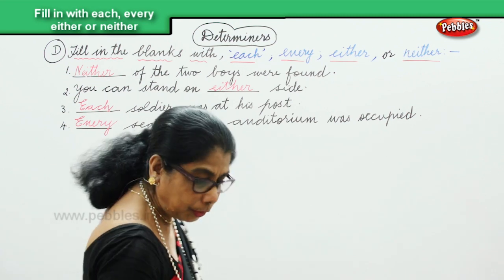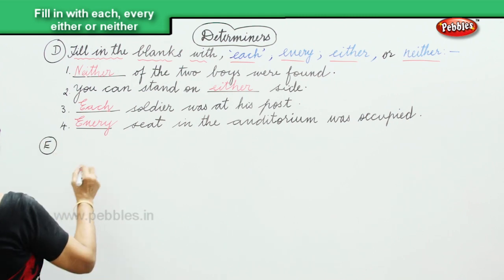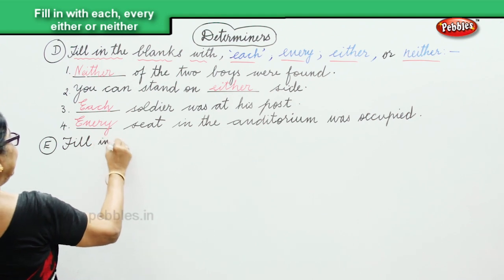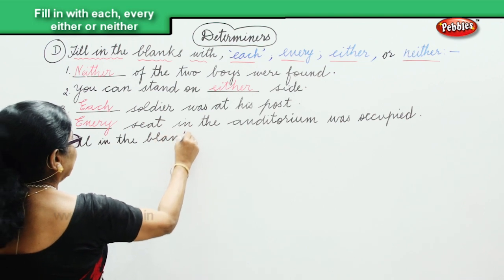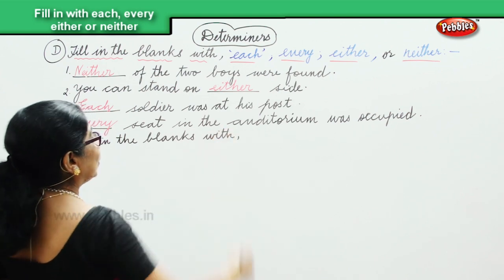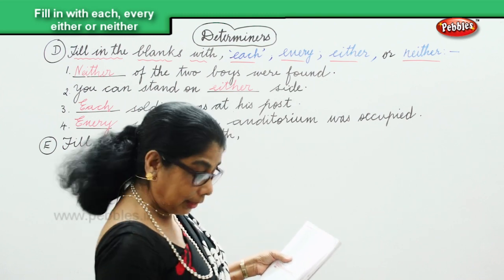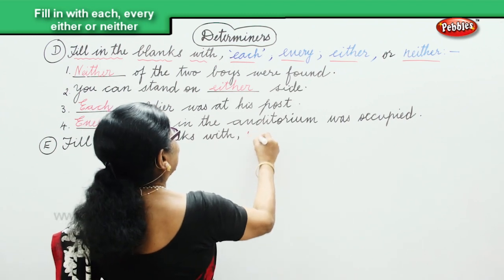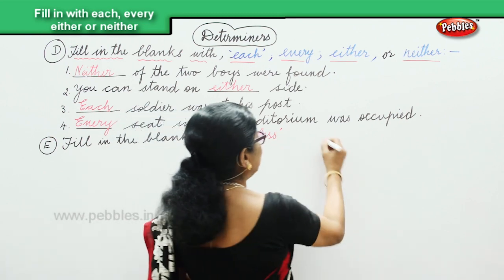Now finally, we go to the last. There's one more exercise for us to do. Fill in the blanks with the determiners. What are the determiners we are going to use? We are going to fill it up with less or fewer.